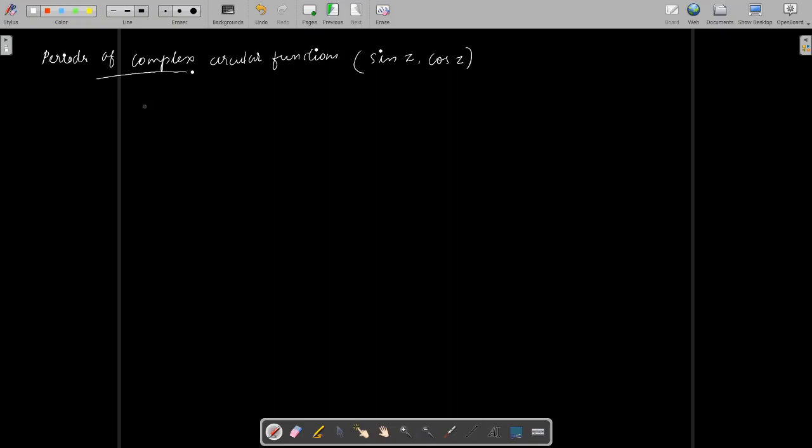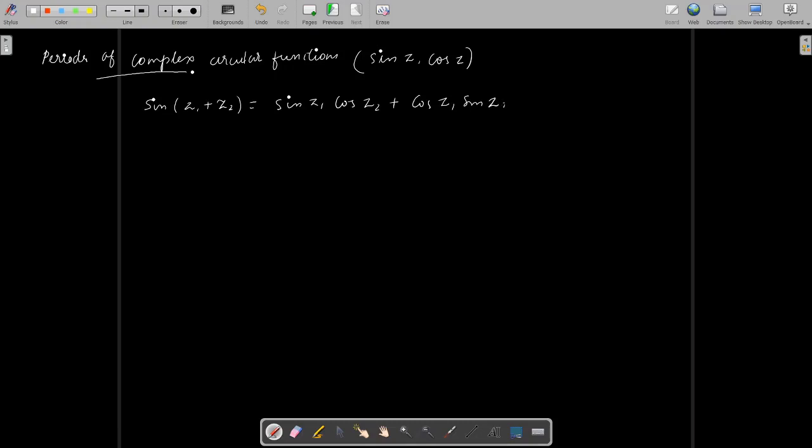As we know, sine of z1 plus z2 can be written as sine z1 cos z2 plus cos z1 sine z2. In fact, this is a formula which we have derived for real numbers, so that is also true for complex numbers.